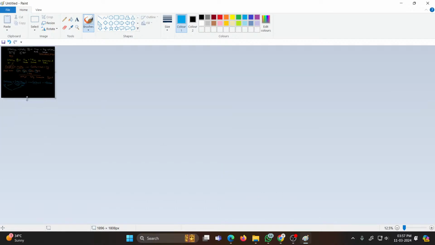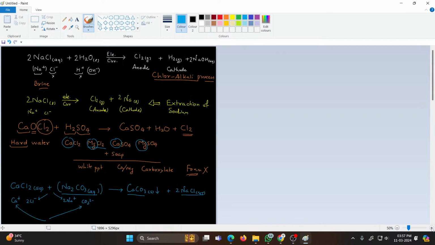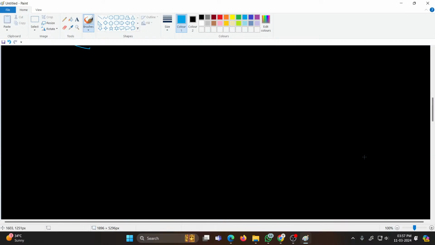Both are soaps, that means both are the carboxylate salts of sodium or potassium. So first let us write bathing soap. And the next one is washing soap.